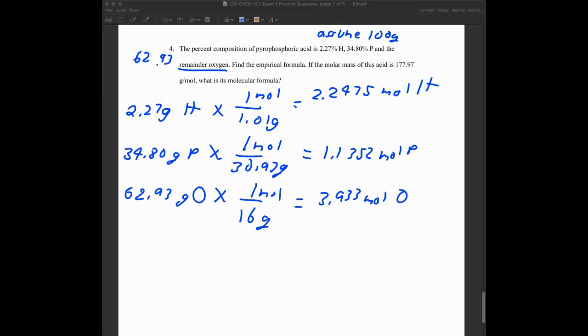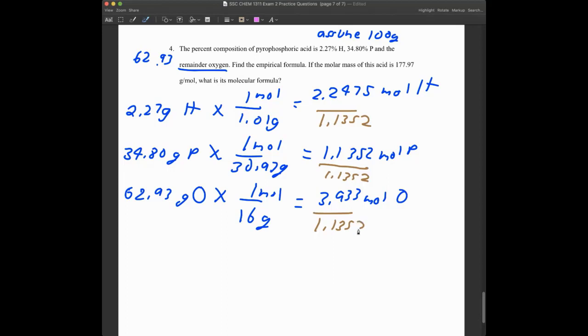Okay, if we don't have any questions, what is our next step? What do we have to do next? Divide by 1.1352. Yeah, like I mentioned, we divide by the smallest number. So the smallest number in this case is 1.1352, and then 1.1352, 1.1352.